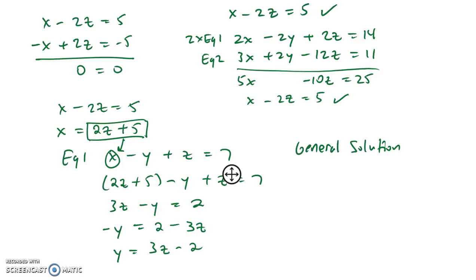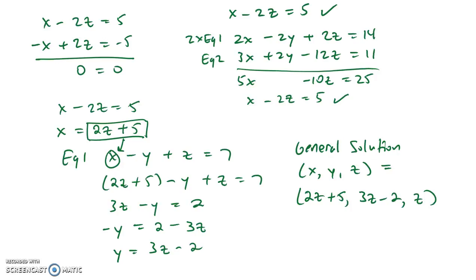to our system of equations. That solution has the form x, y, z, but we want to represent that in terms of one variable. So we're going to replace x with 2z plus 5. We're going to replace y with 3z minus 2, and we're going to leave z as z.